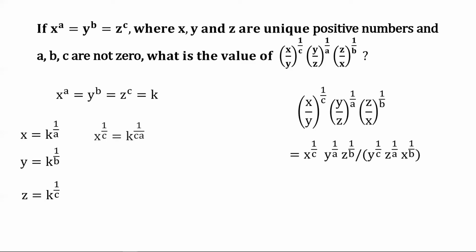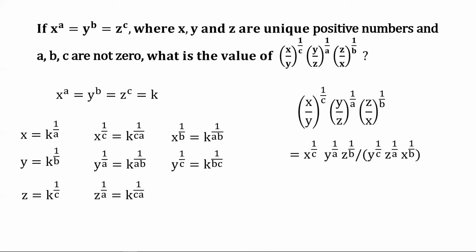Now, since we already know what x, y, and z are in terms of k, we could easily evaluate these exponents. For example, x to the power 1 by c will be k to the power 1 by ca, and similarly x to the power 1 by b will be k to the power 1 by ab, and y to the power 1 by a will be k to the power 1 by ab, y to the power 1 by c will be k to the power 1 by bc, and so on. z to the power 1 by a will be k to the power 1 by ca, and z to the power 1 by b will be k to the power 1 by bc.